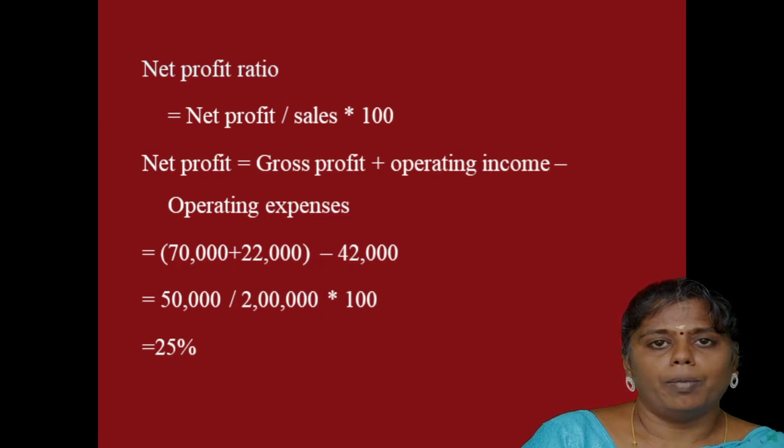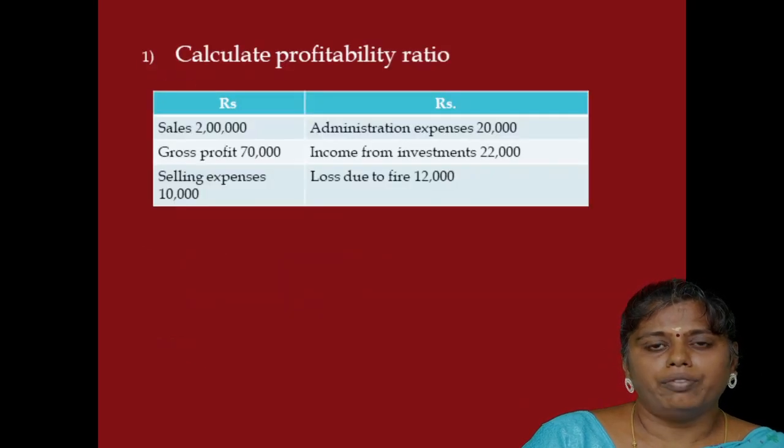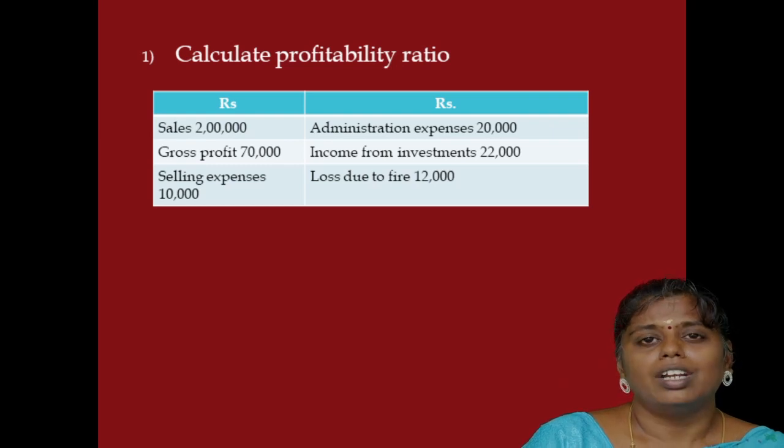In this problem, looking at the operating income and operating expenses, administrative expenses plus selling expenses, and loss due to fire are treated as non-operating expenses.